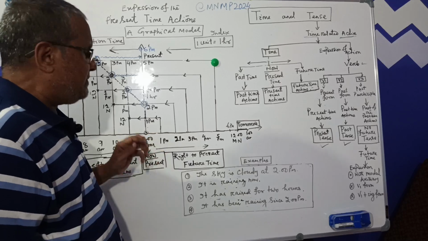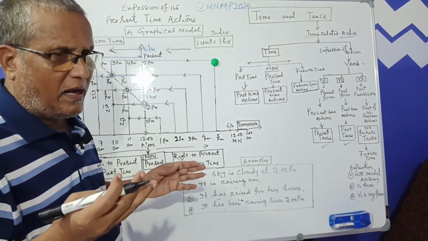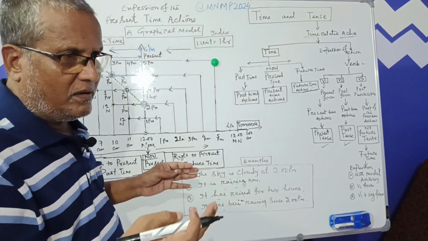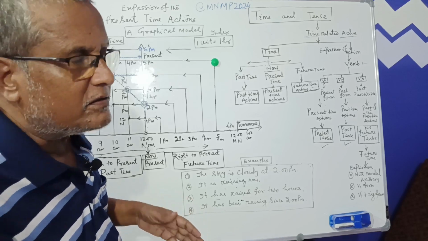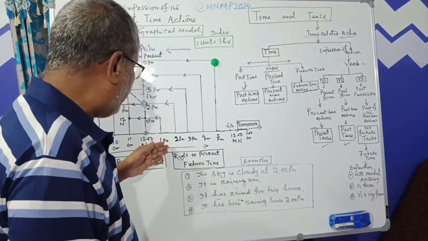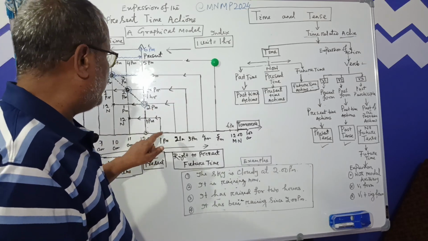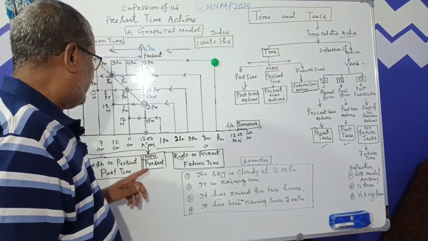We may express time in terms of hours, days, weeks, months, years, like that. But we have taken hours. As per our index, 1 unit represents 1 hour.